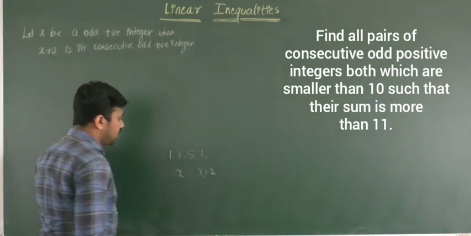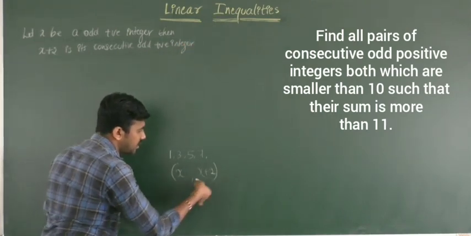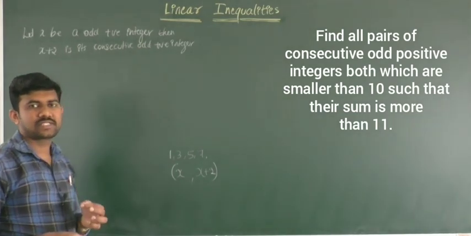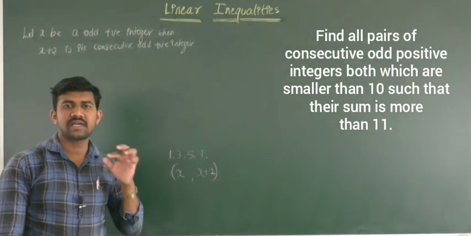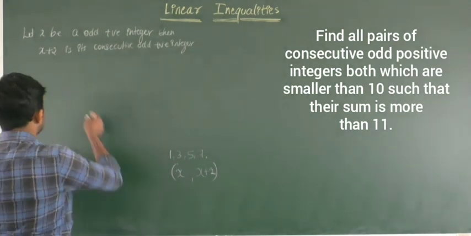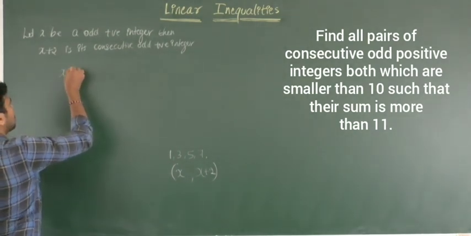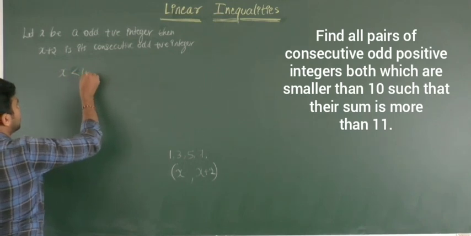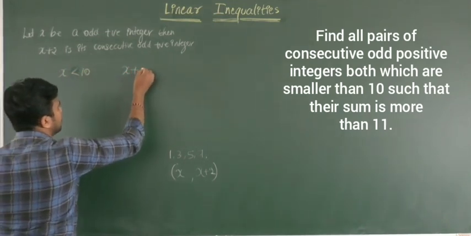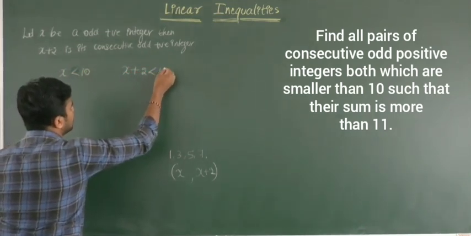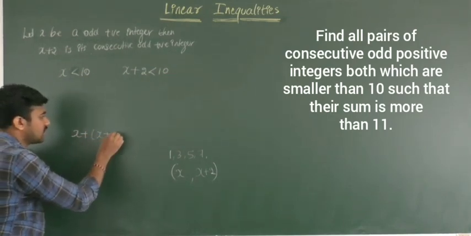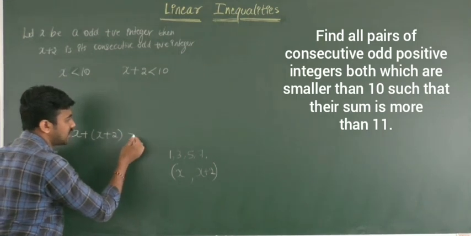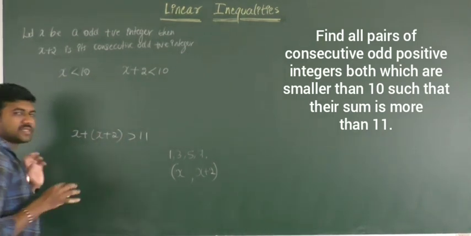Now we need to find the possible pairs by using the conditions that both numbers are smaller than 10 and their sum is larger than 11.